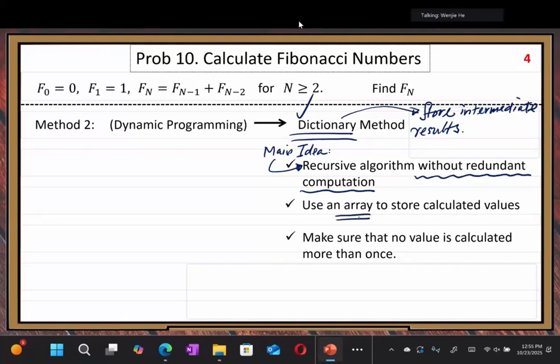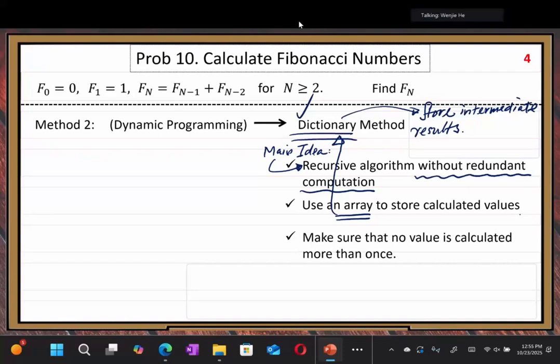This array plays the role of the dictionary, because we can look up the items stored in it. Use an array to store calculated values. That's so simple.